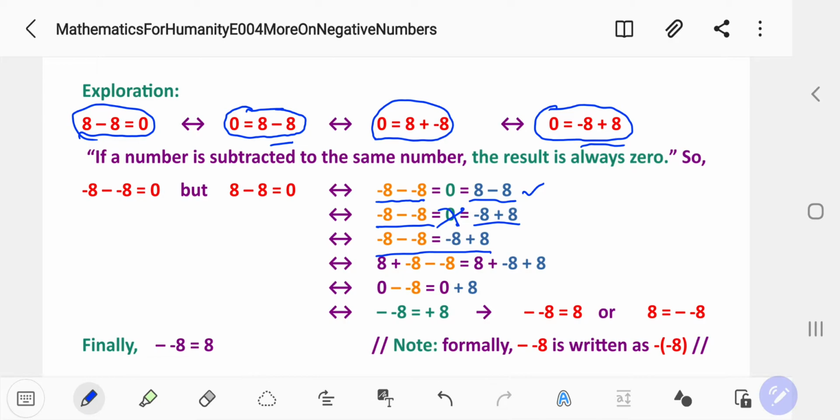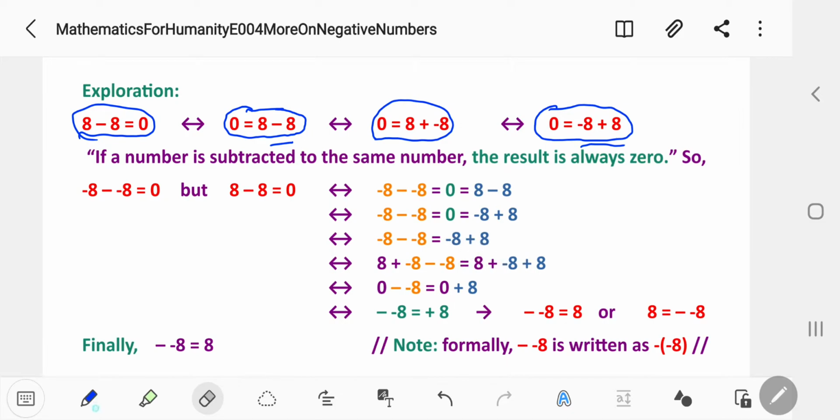Now, here's the trick. I add 8 here. If I add 8 on this side, then I have to add 8 also on this side. What happens? I add 8 here, and of course I also have to add 8 somewhere here.